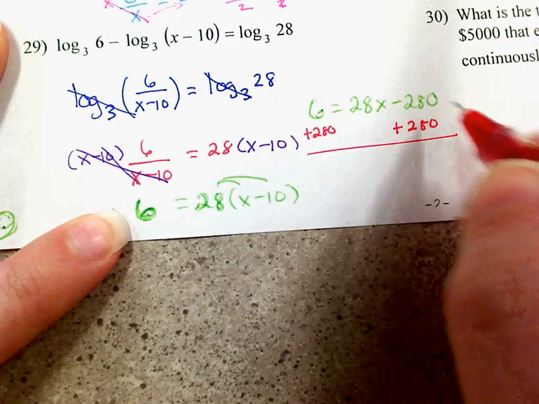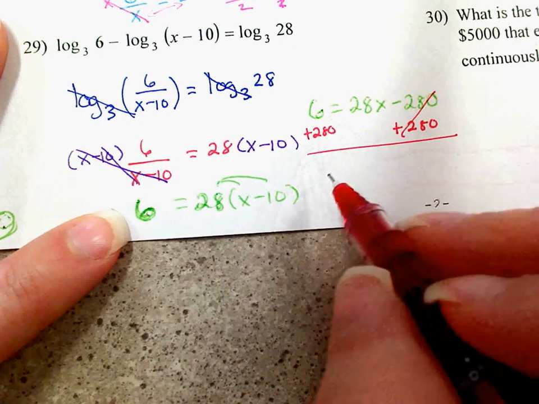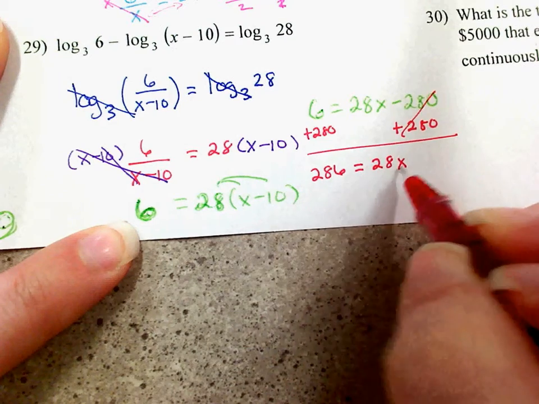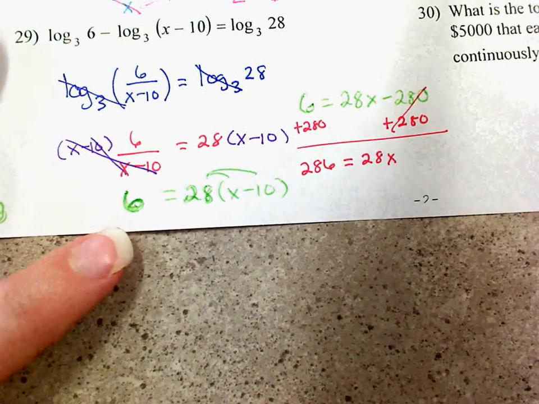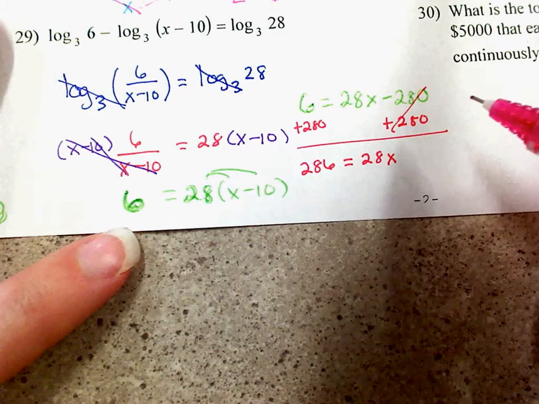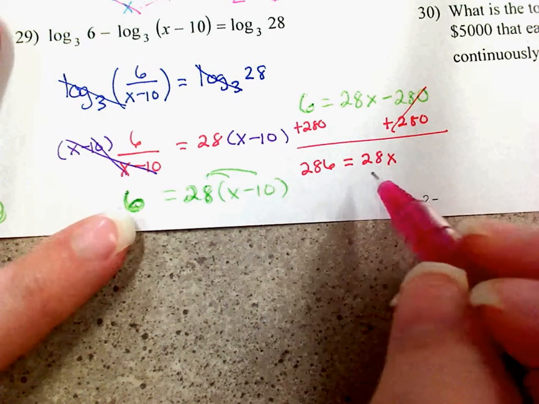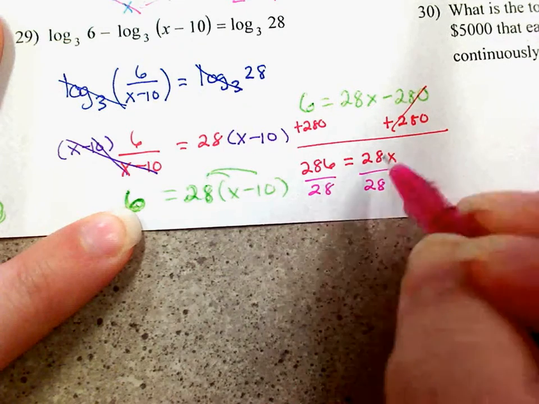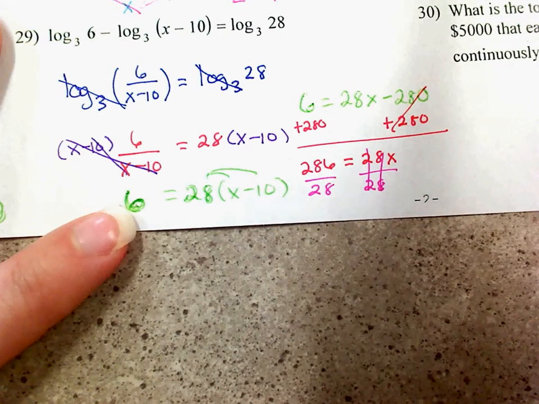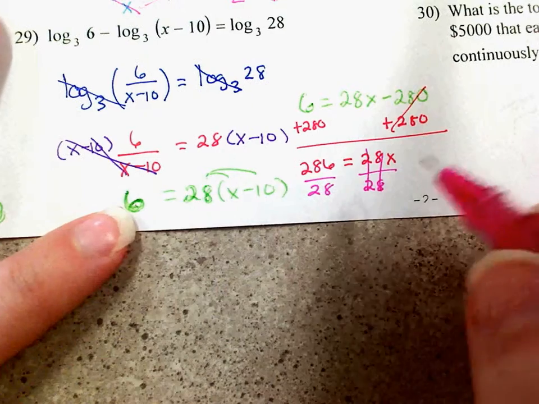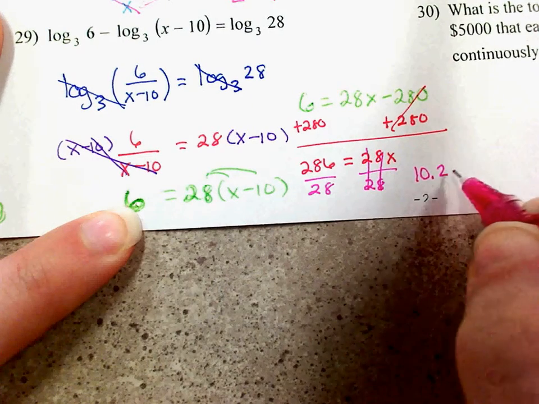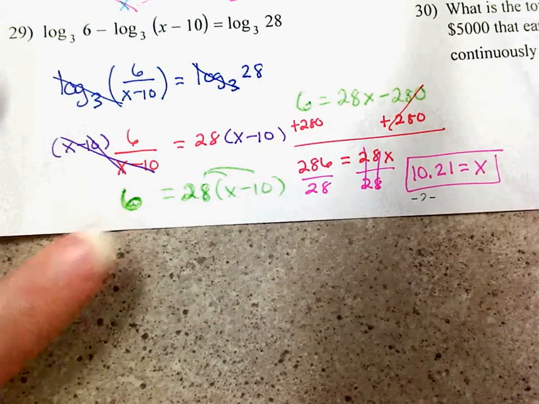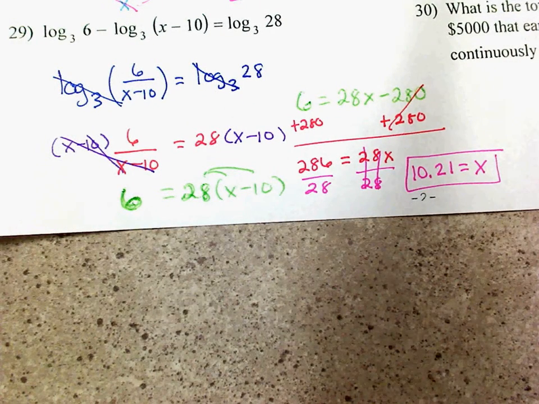What's 6 plus 280? You're not good at math, Brock. What did you do? So 286 divided by 28? Okay. And there we go. There's the odds.